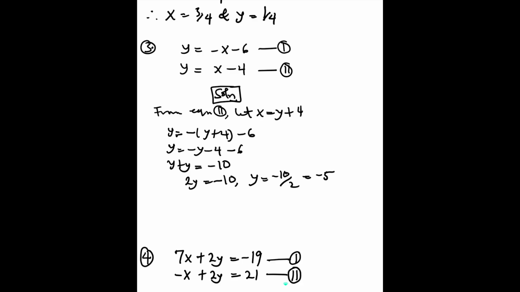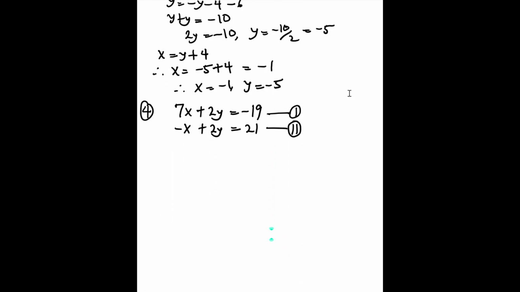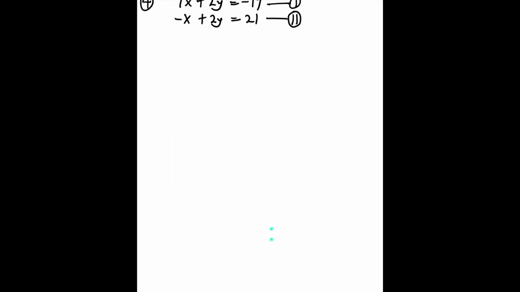Okay, y will be minus 10 divided by 2. y will be equal to minus 5. And then we know that x is equal to y plus 4, right? So x will be equal to minus 5 plus 4, which is equal to minus 1. Therefore we can say x is equal to minus 1 and y is equal to minus 5.